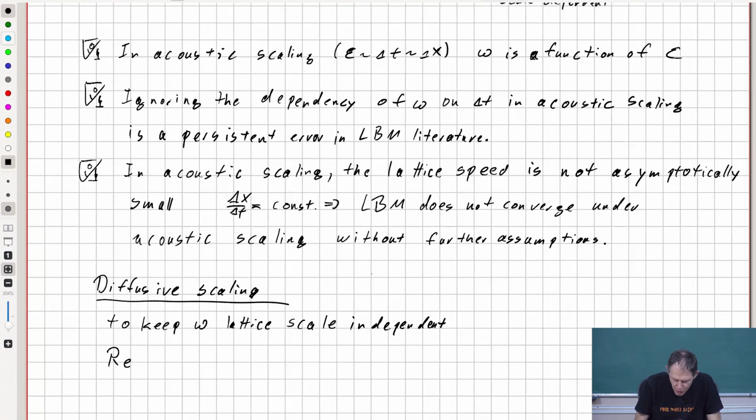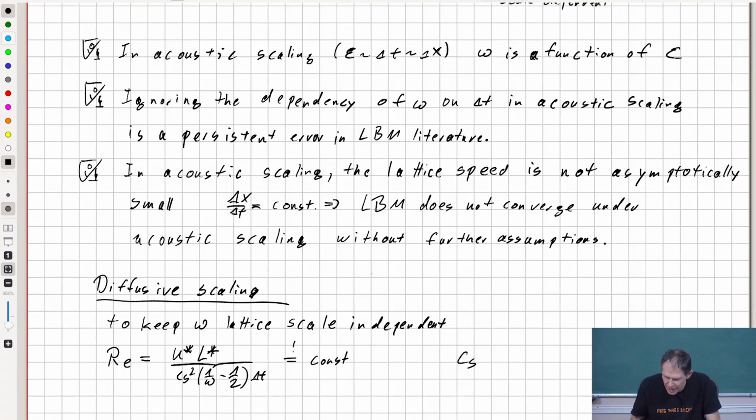So for this to work, we have to look at the Reynolds number, U star times L star divided by cs square (1 over omega minus 1/2) times dt. So of course the Reynolds number has to be constant, but we also want to have omega constant.